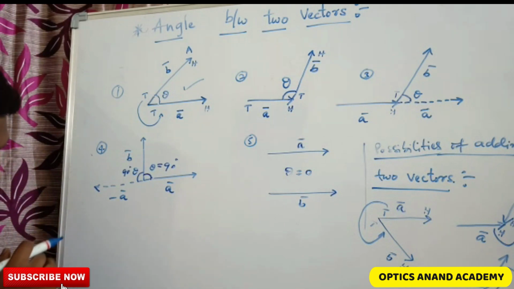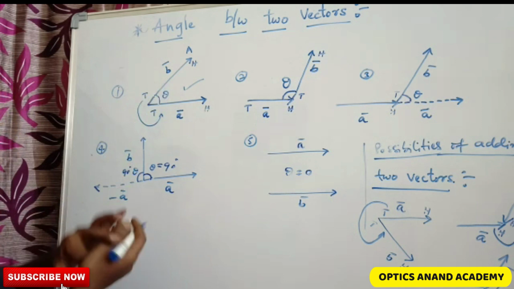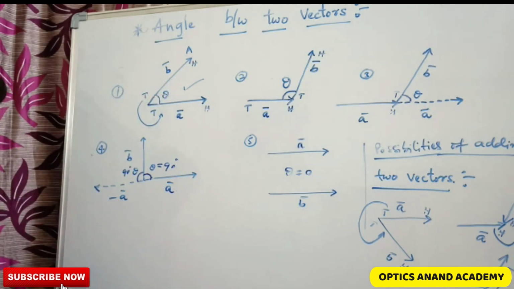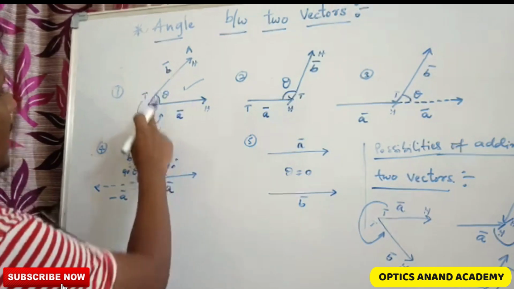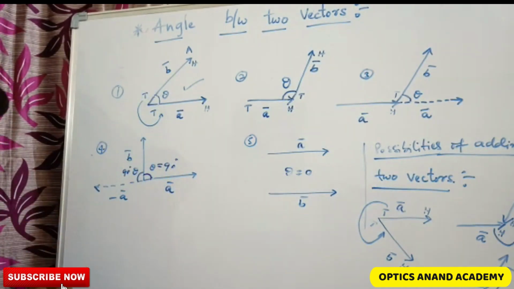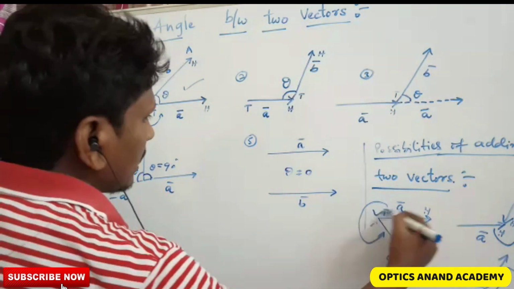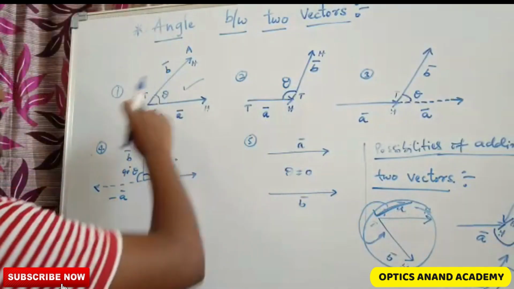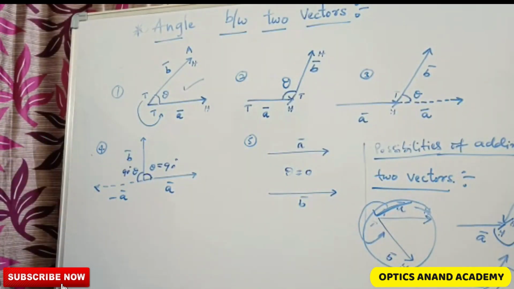We can say it is the smaller of the two angles between the vectors when they are placed tail to tail. Only this possibility is eligible to make the angle between two vectors.